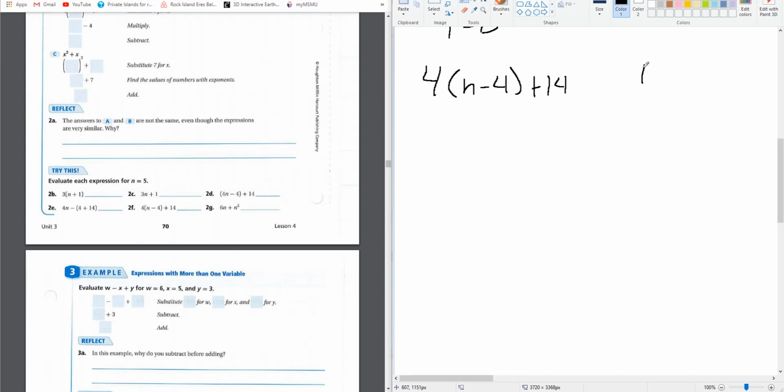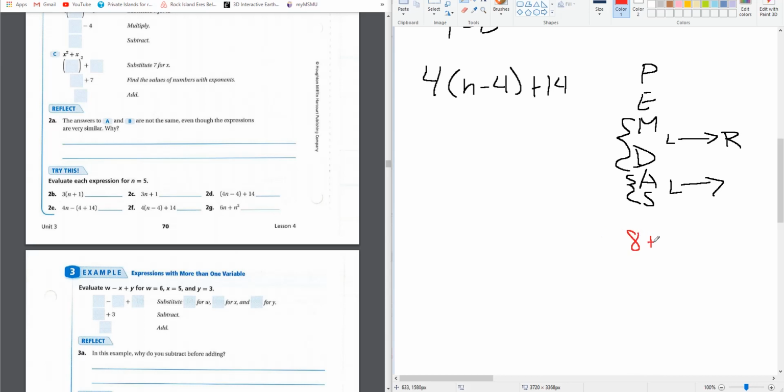And we're going to think of our PEMDAS here. So remember that multiplication and division, they happen at the same time. It just matters which one is on the left and which one is on the right. You always want to go left to right. Same thing with addition subtraction. It's left to right.